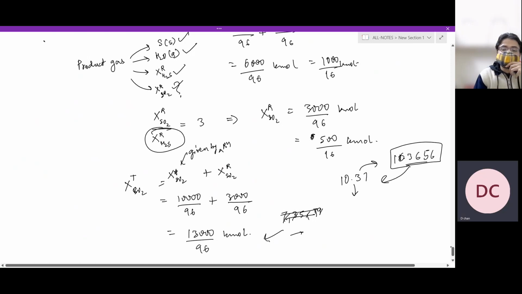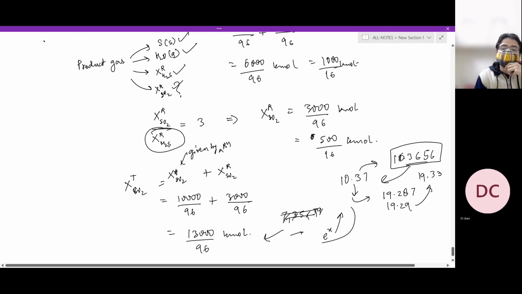And when you use this value for further calculations, your value might come as 19.287, and you report it as 19.29, but the actual value was 19.33. Yes, sir. So this error keeps accumulating, an e to the power x type of error.